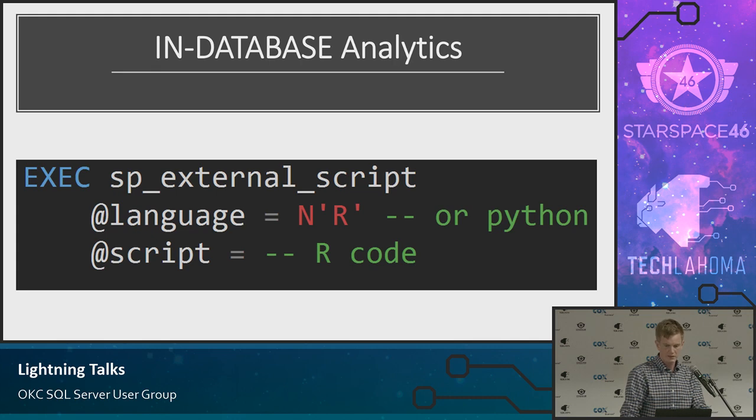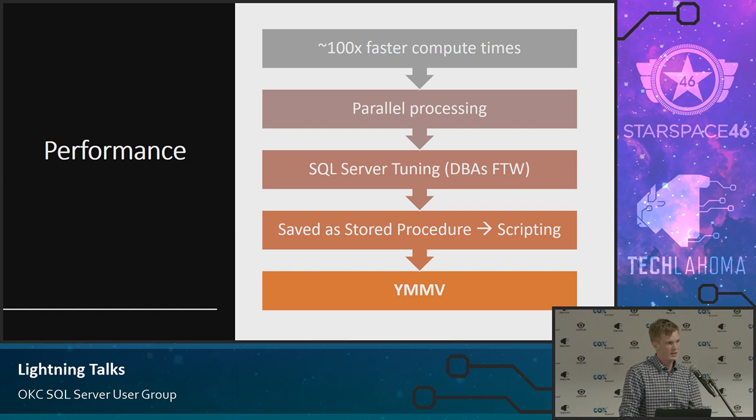And I think probably from a DBA perspective, the performance gains are what most people would think about. Just benchmarking what I've seen people posting online, it's orders of magnitude faster if you're running models in R that you want to run on the server through SQL. And of course you have parallel processing, so you can actually run models in parallel within SQL Server.